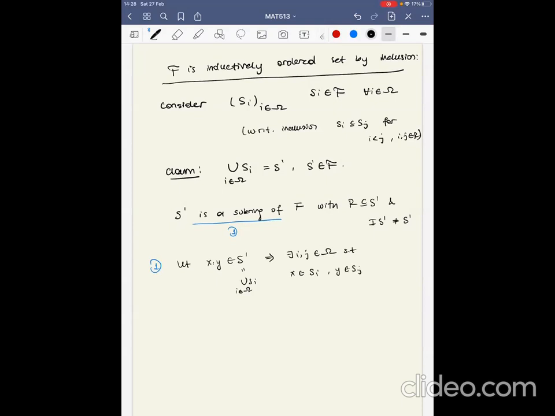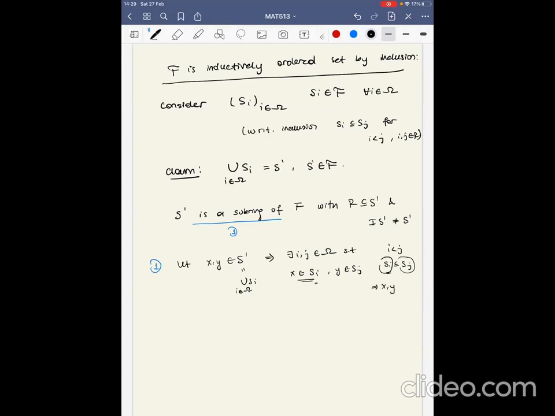They are not necessarily the same, but since we consider an inductively ordered set, without loss of generality, if i is less than j, we know that the ring S_i is included in S_j.